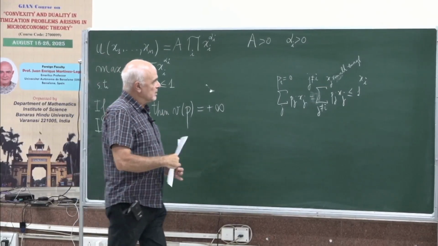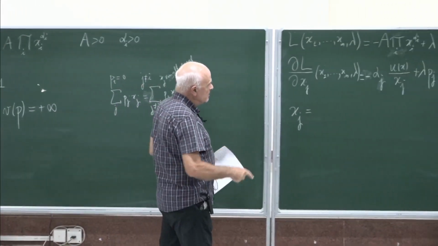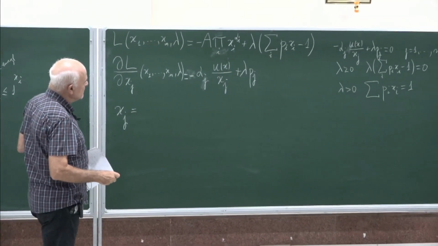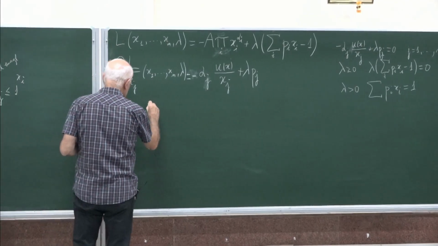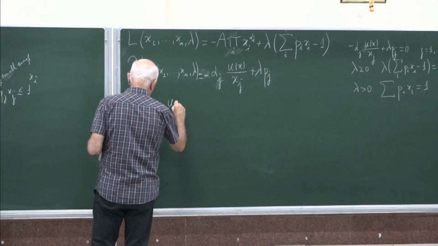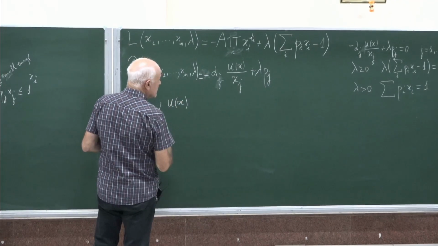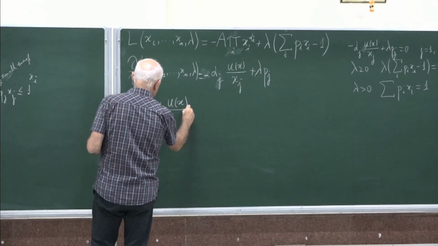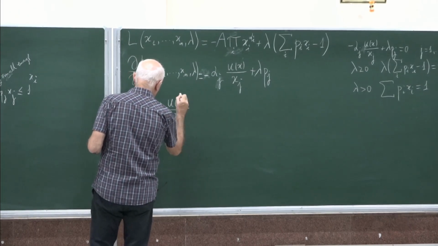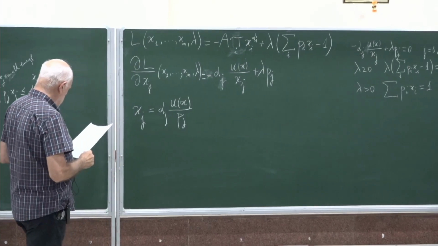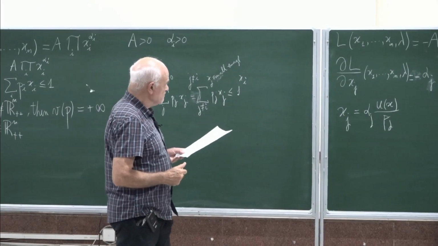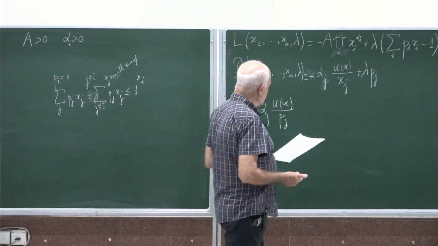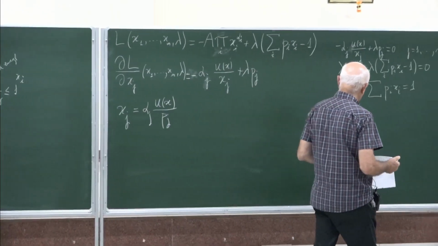Okay? Well then, xj is alpha j u of x divided by pj. Now it's licit to divide by pj because we are dealing with strictly positive prices.